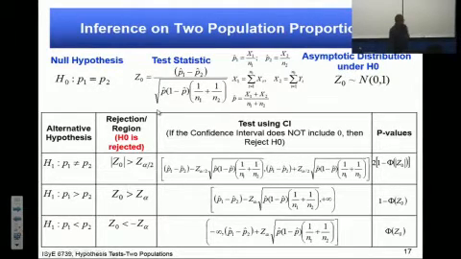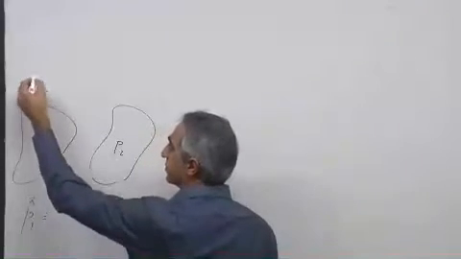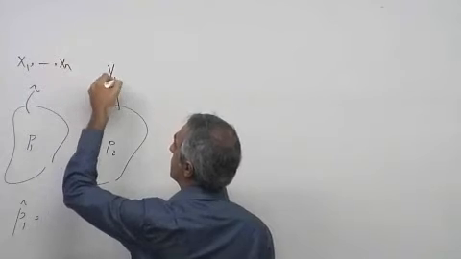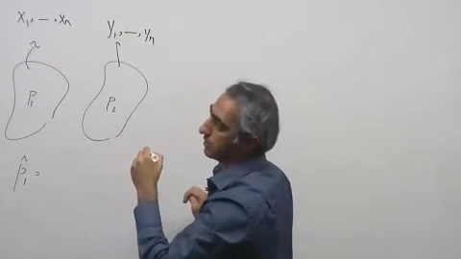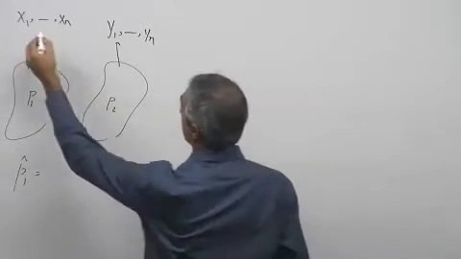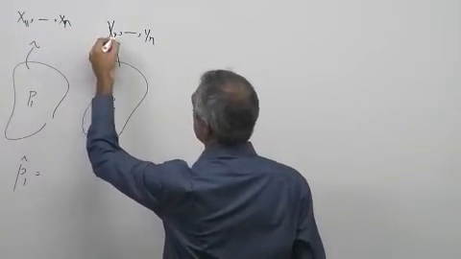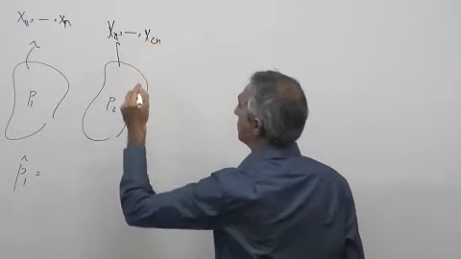What is our test statistic? We know P1 hat, which is what? Do you remember? So let's say this is the first sample and this is the second sample. We call them x11, up to x1n, and x21 up to x2n.